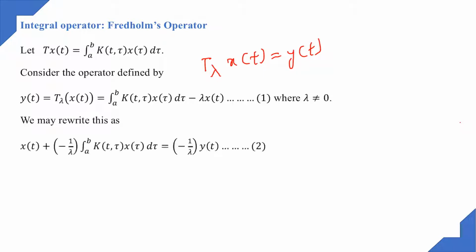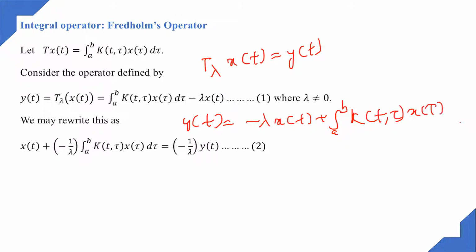Then we may rewrite this as y(t) is equal to minus lambda times x(t) plus the integral from a to b of k(t, tau) x(tau) d tau.